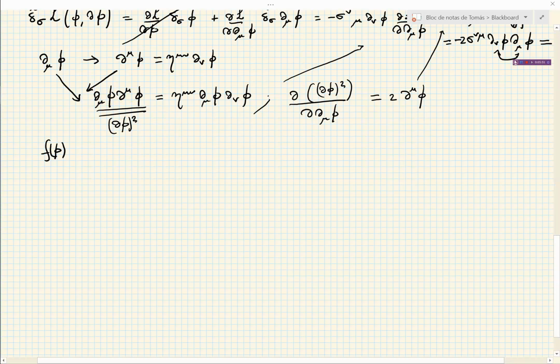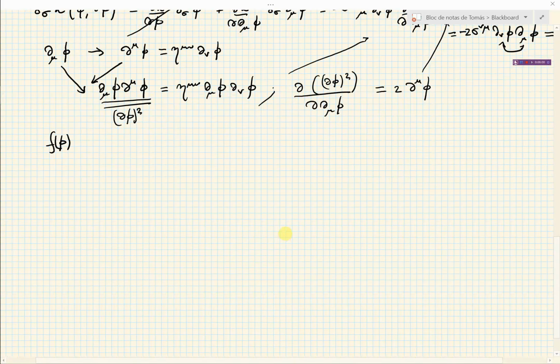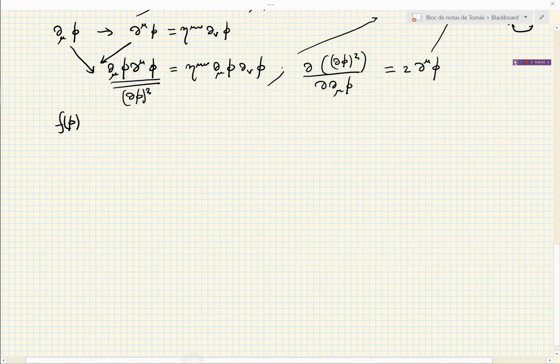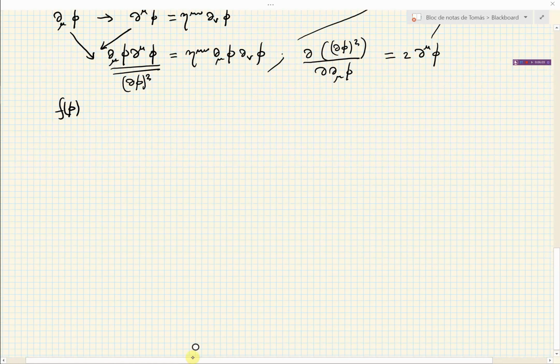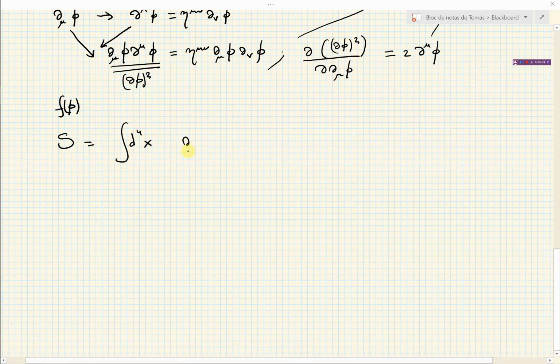Now, you cannot have a term with only one derivative, because that would have a free index mu, and this can never be invariant. So, okay, you could have your action, which will be the integral of d4x, and the basic term that we can include is this one, which is actually the kinetic term for a real scalar field.